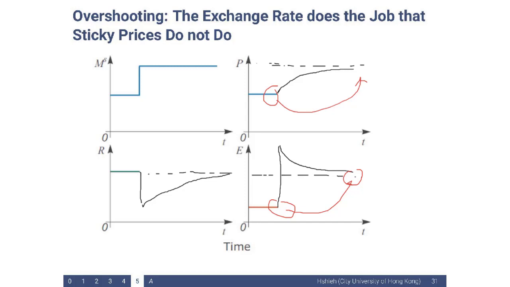This graph here, I think, should be obvious what's going on. We have an initial starting money supply, and we decide to expand the monetary base. So there's a jump. Prices are flat in the beginning because we assume price levels are sticky.